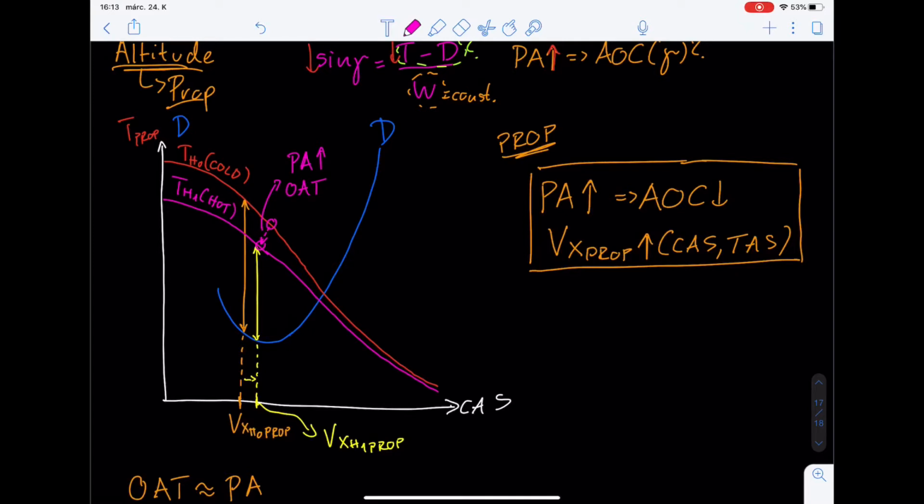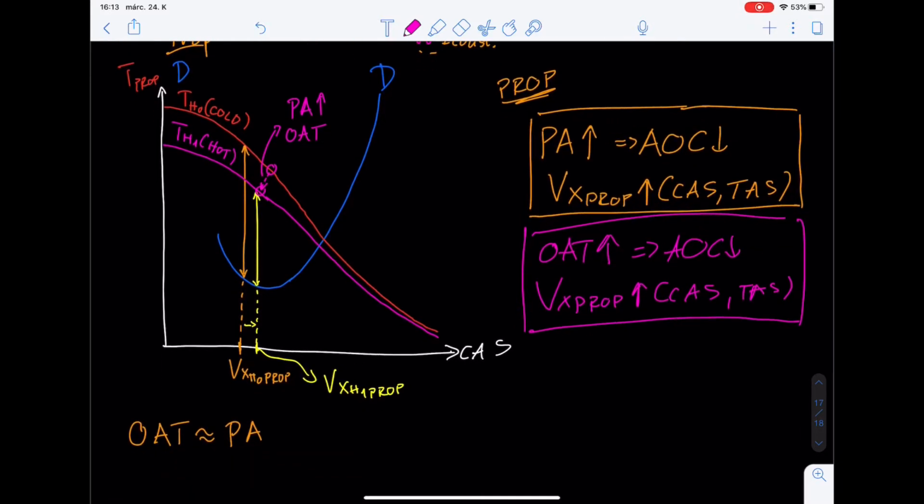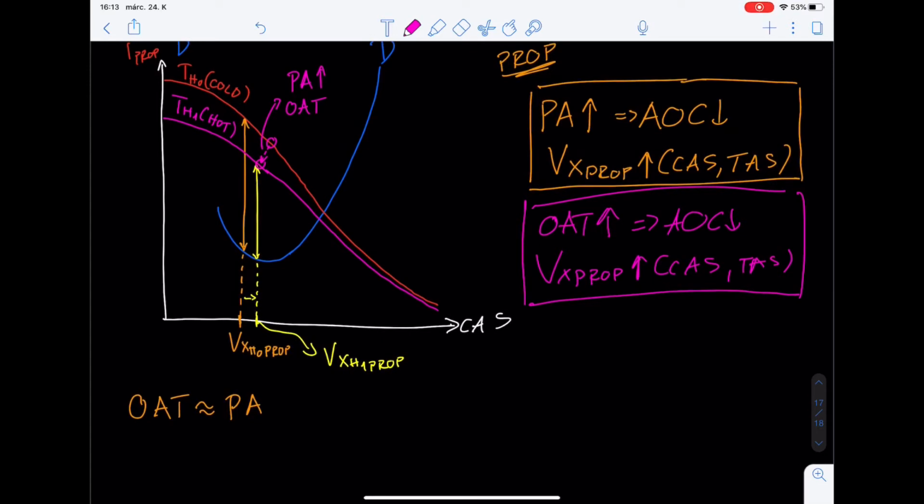Therefore, if the outside air temperature increases, the angle of climb decreases, and Vx, the speed for the best angle of climb, is going to increase, both with regard to the calibrated airspeed just as much as the true airspeed. Okay, so we're not going to go into much more detail than that.